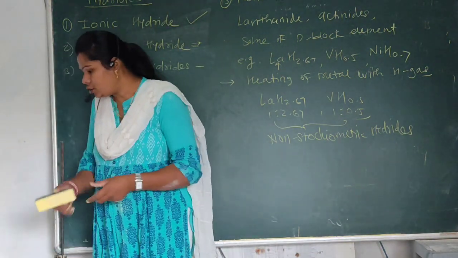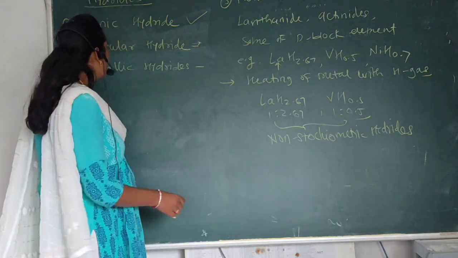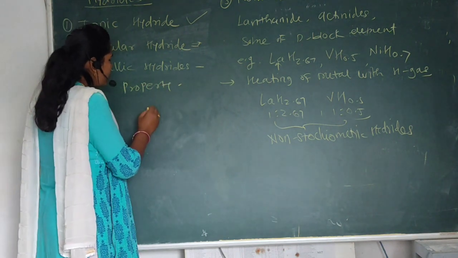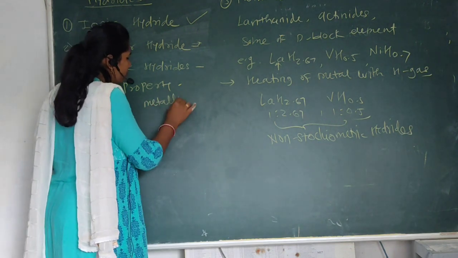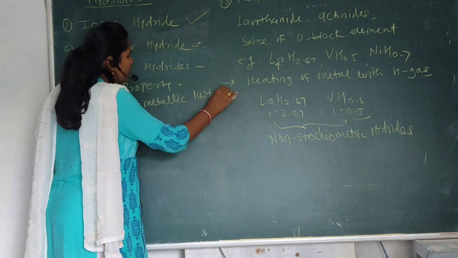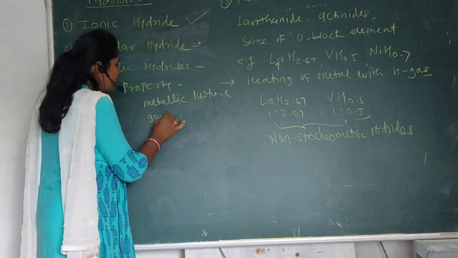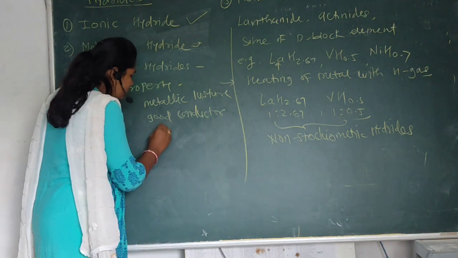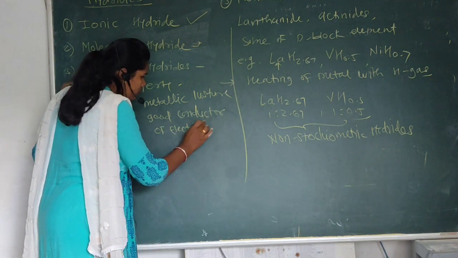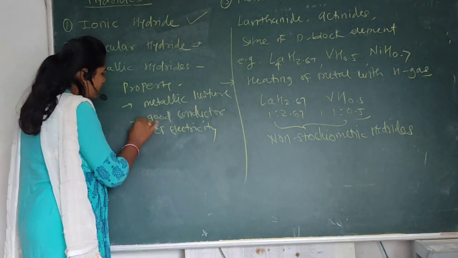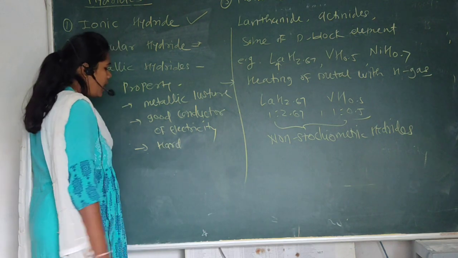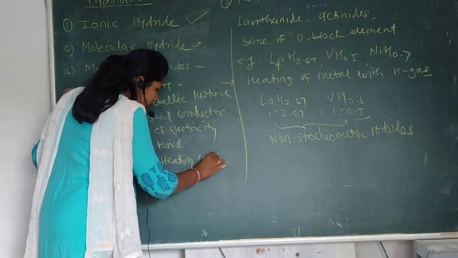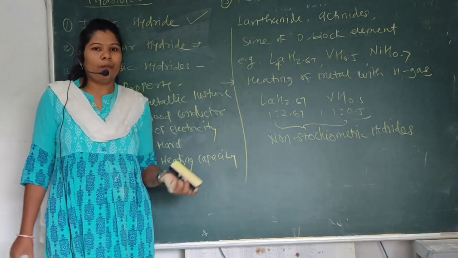What are the properties they show? They show the properties of the parent metal: they have a good metallic luster, they are good conductors of electricity, they are hard, and they have a good heat capacity. These are some properties.